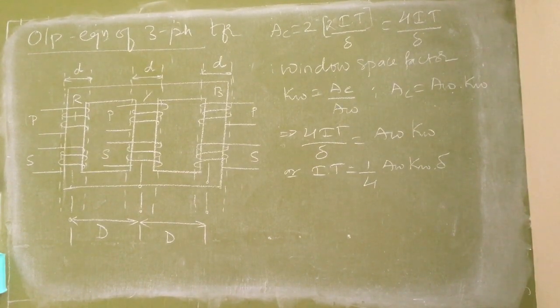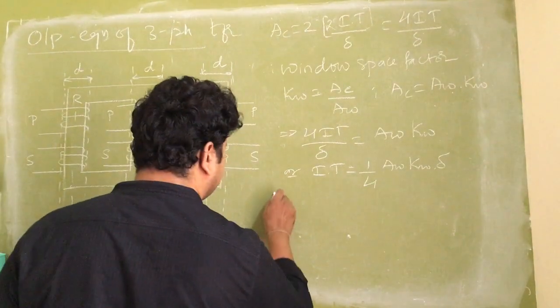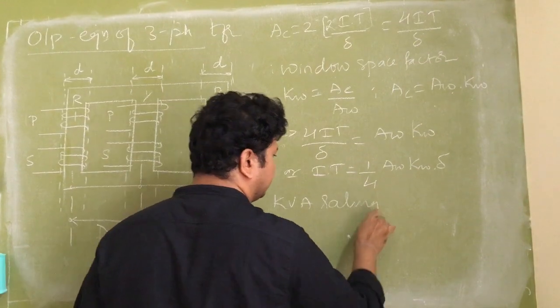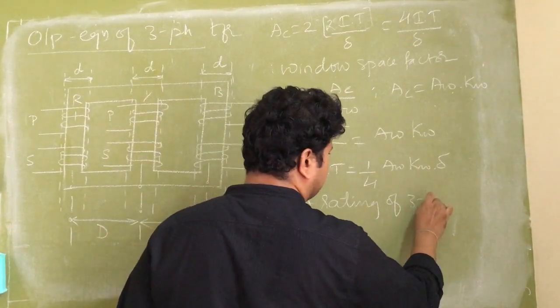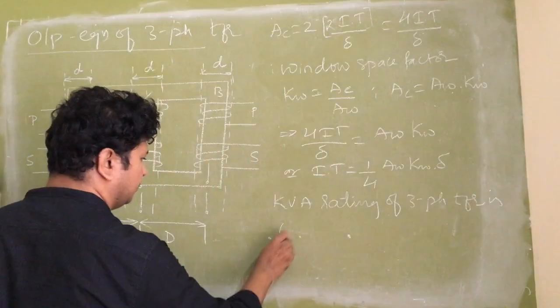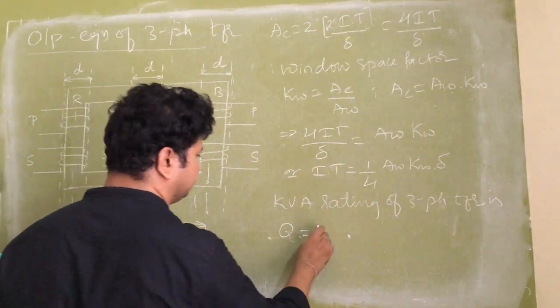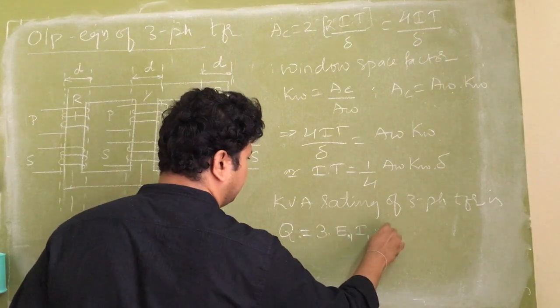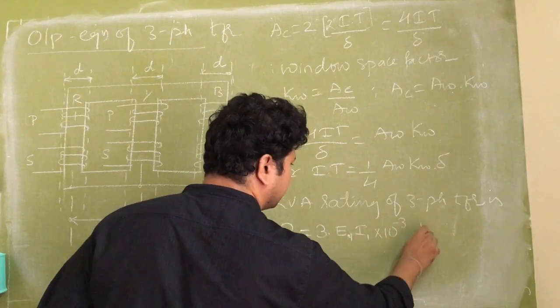the kVA rating of a three-phase transformer. Okay, the kVA rating of a three-phase transformer is Q is equal to 3 E1 I1 into 10 to the power minus 3 kVA.